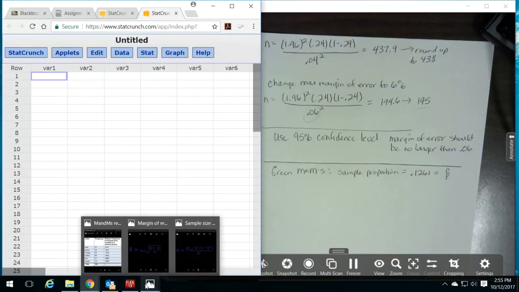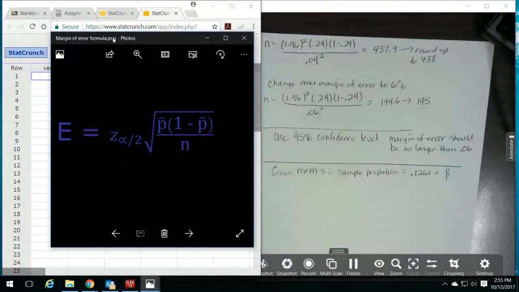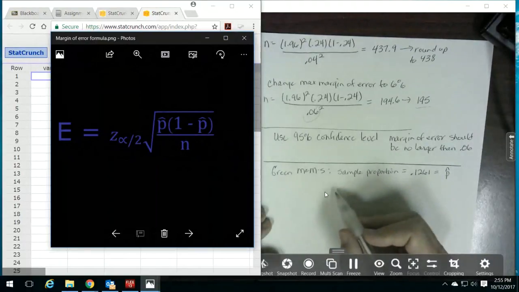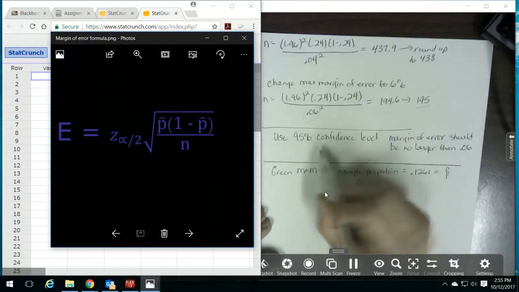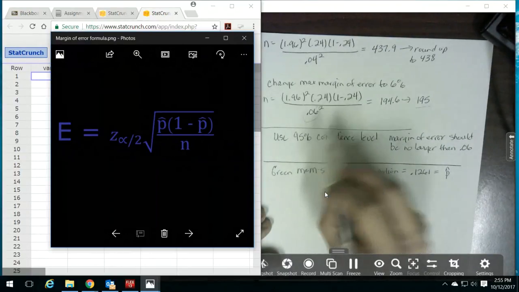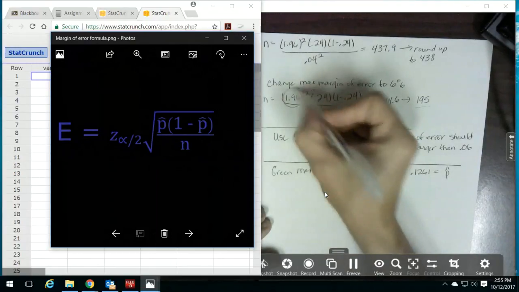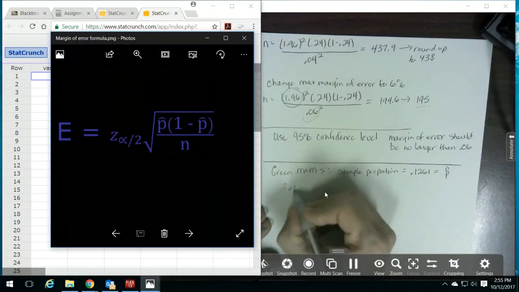Okay, and let's go back to the margin of error formula. This is the formula that I'm going to use. Now the nice thing about the design choices I made earlier is that I already figured out my z alpha over 2. It's what I used in the sample size formula, so it's 1.96.